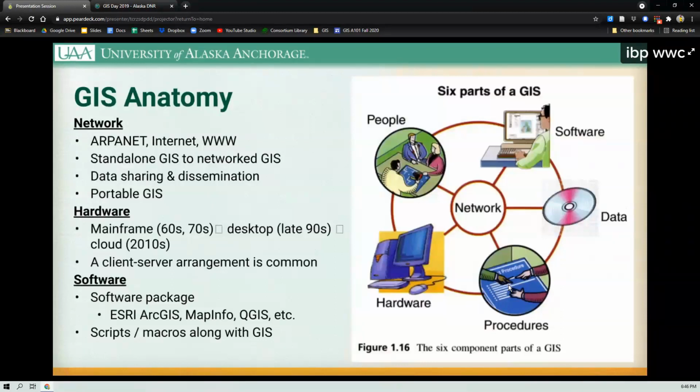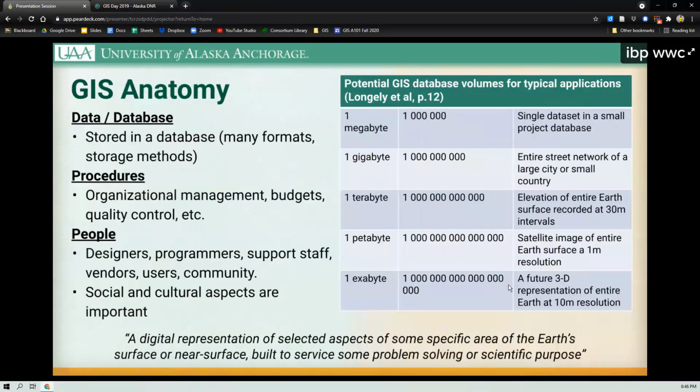So to do GIS, you need some sort of network to store your information. You need some sort of hardware to use your system on, and then you need your software. And that information generally gets stored in a database.